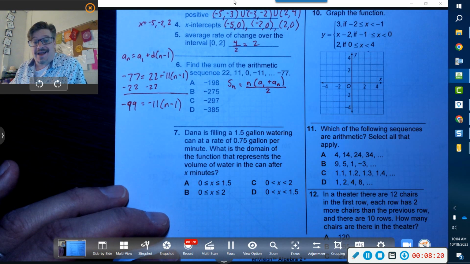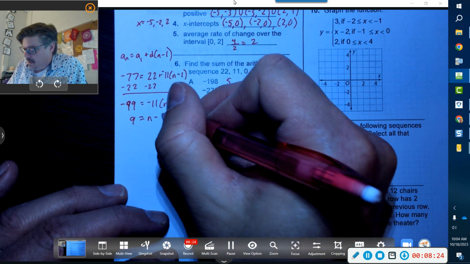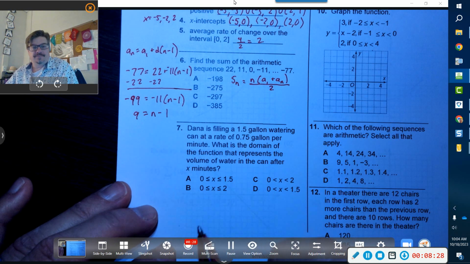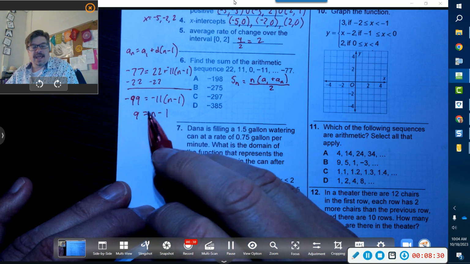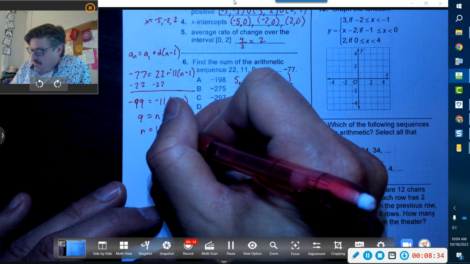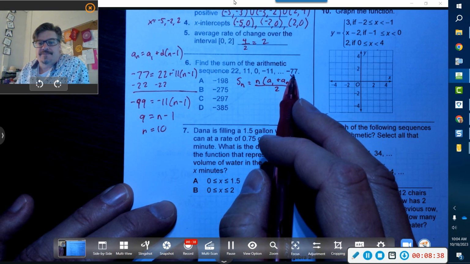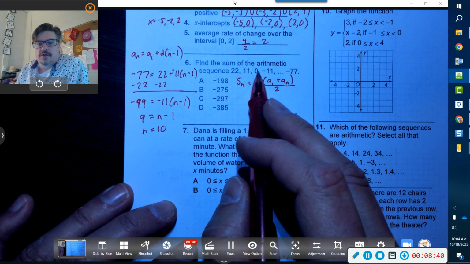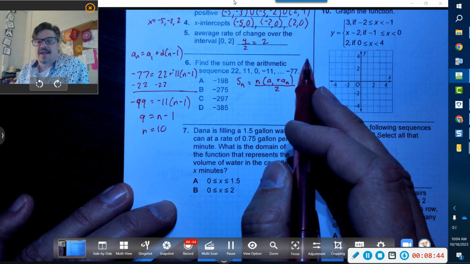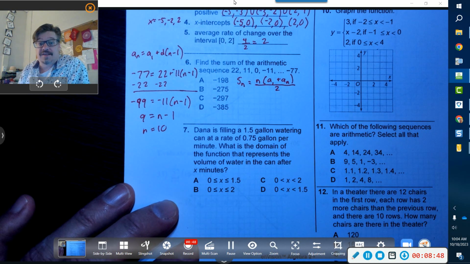Then I'm going to divide by -11, so n minus 1 equals 9. And it looks like n would have to be 10. So this means I'm going 10 terms up here to get to -77. 1, 2, 3, then 4, 5, 6, 7, 8, 9, then 10. And again, you could have written these out.